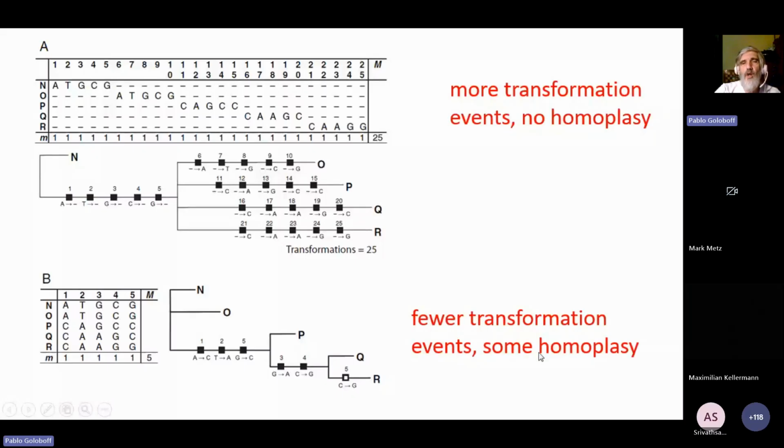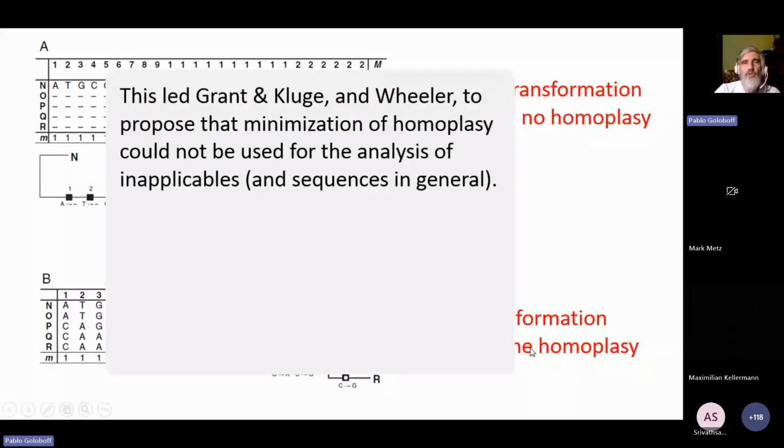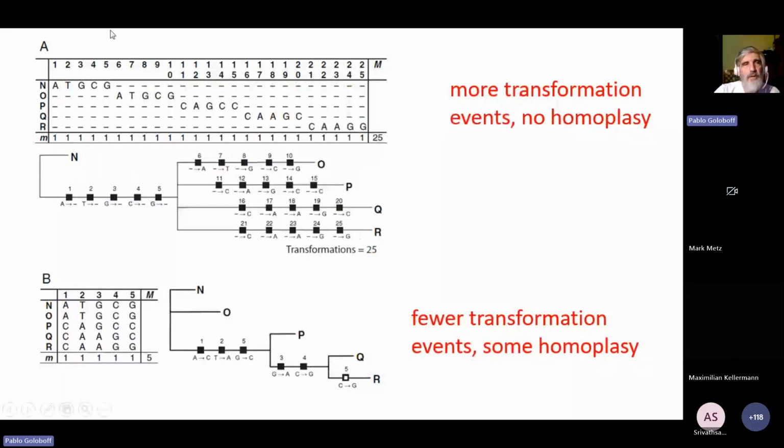So if we are going to choose trees based on minimum homoplasy, you would be preferring, sorry, I'm going back, you would be preferring this one on top, which is absurd, and it requires 25 transformations. The one on top requires only 5 transformations, but there is some homoplasy in there, they say, okay? So what we need to do is minimize transformations, not homoplasy, okay?